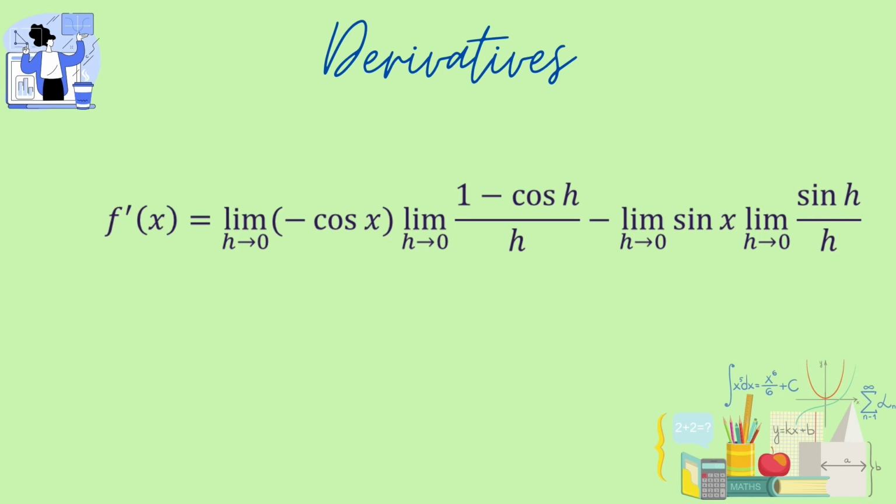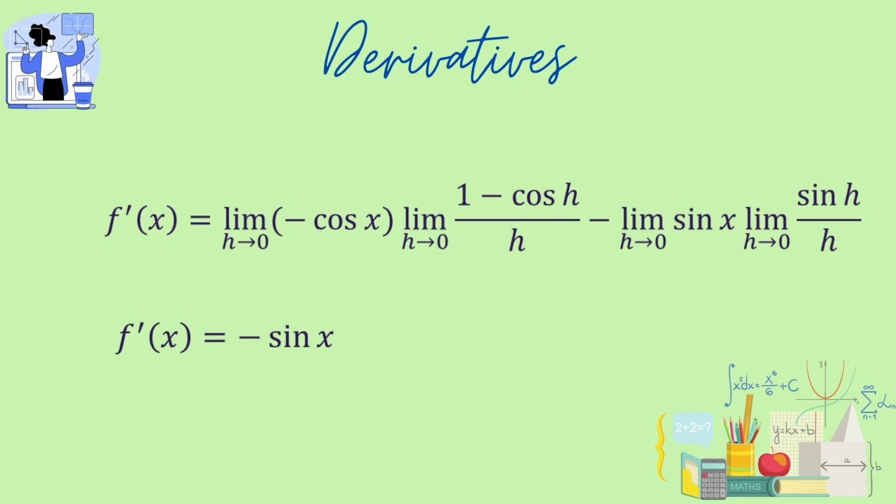Recall that the limit of quantity 1 minus cosine h all over h as h approaches 0 is equal to 0, thus making the first term equal to 0, while the limit of sine of h over h as h approaches 0 is equal to 1, resulting to the limit of sine of x as h approaches 0, which is equal to negative sine of x.